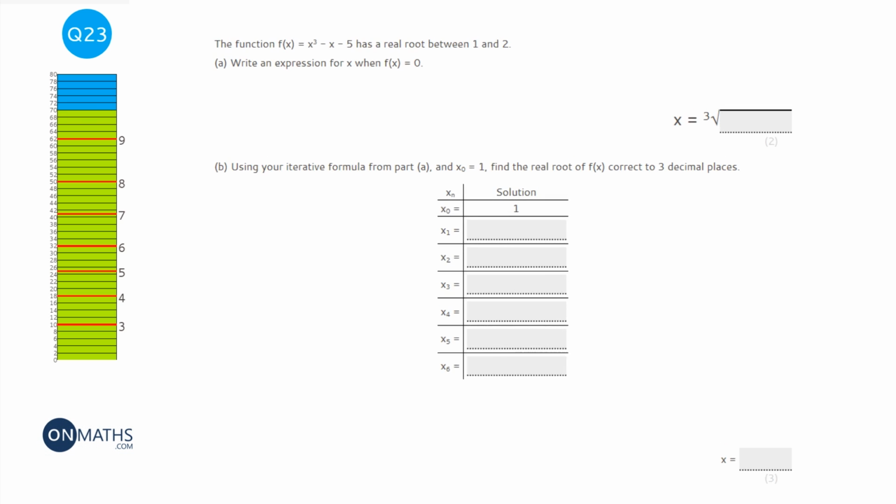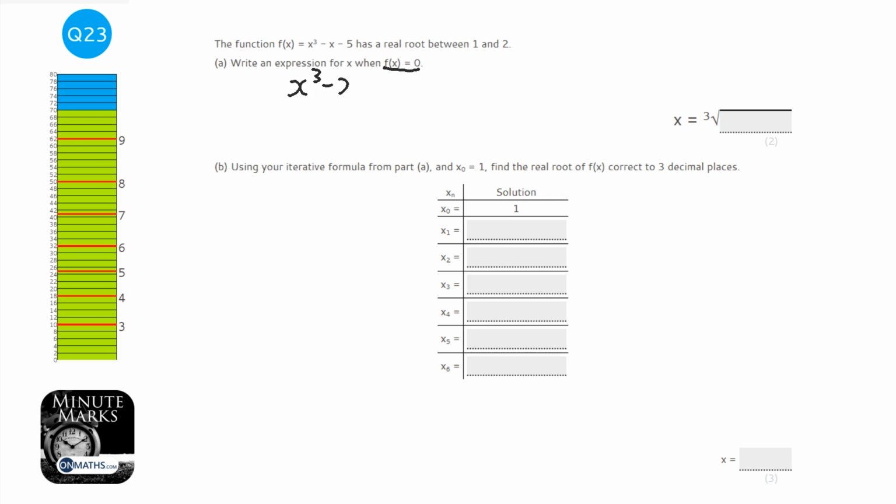This is a question about iteration, and question A is a little bit harder maybe than the exam will go, where it asks you to come up with your own iteration formula. In order to do this, it says that f(x) equals 0 for this formula. So the first step is just to get it equal to 0. Now the question's given you a hint because it says that it involves a cube root.